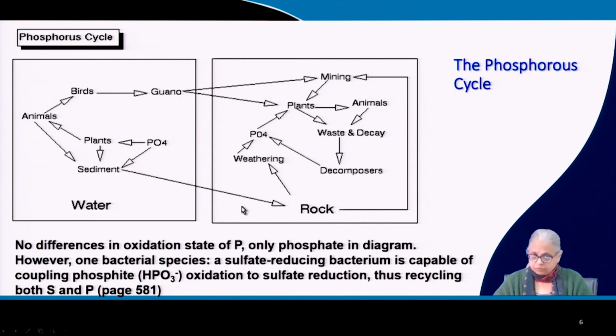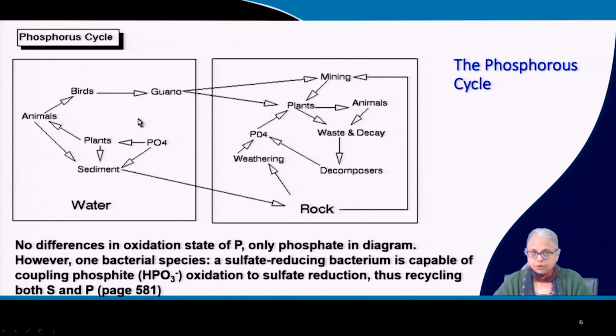If it's in the rocks, it will also be weathered and dissolved and brought back into the water. So that cycling of phosphorus from different parts of the environment will always be there. And whatever I said about the land area will also be happening in the aquatic systems. So that's how phosphorus is recycled in both parts, whether it's lithosphere or the hydrosphere. In both parts, it's more or less the same.